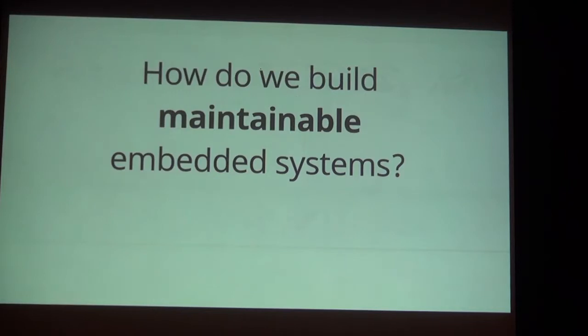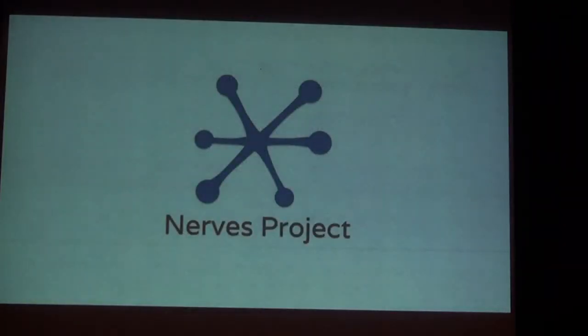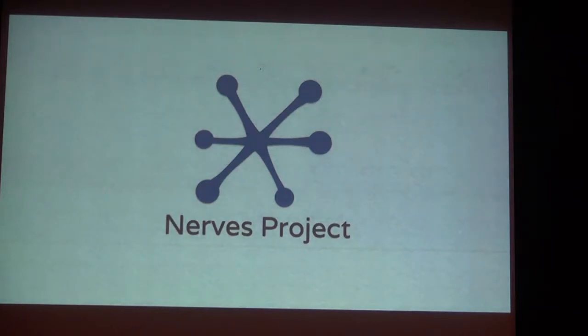And so, how do we build maintainable embedded systems? Because we need to be able to create them and maintain them in the future. And that's what we're doing with Nerves Project.